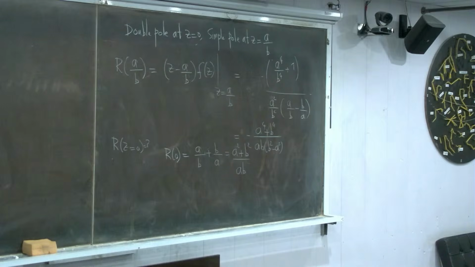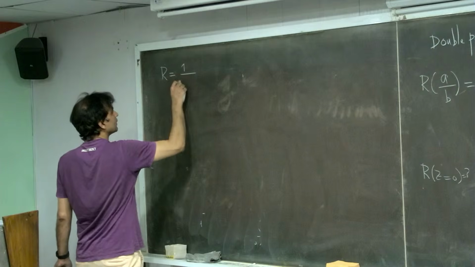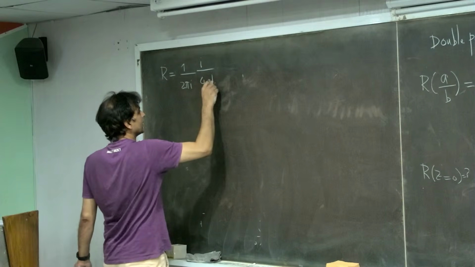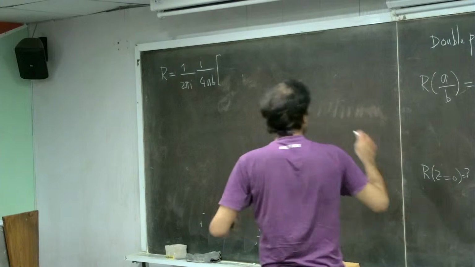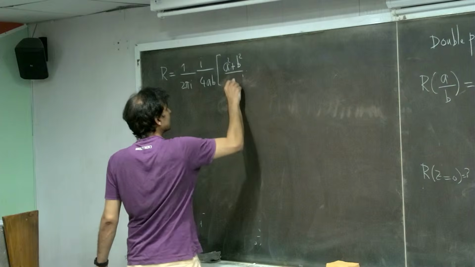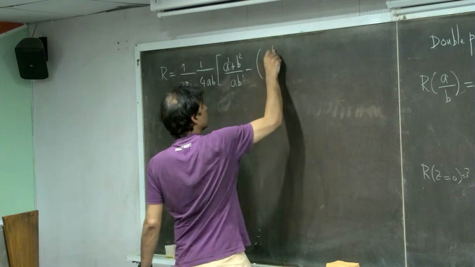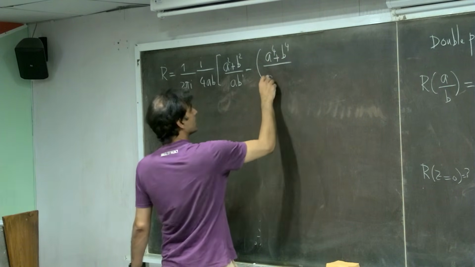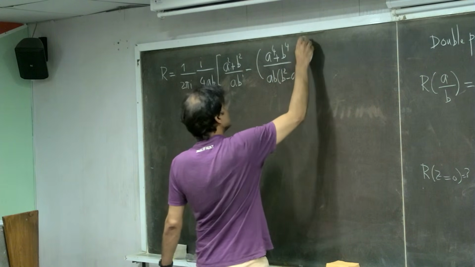So the answer is my total residue is 1 over 2 pi iota over 4AB, and then all you have to do is put this one: A squared plus B squared over AB, minus A to the power 4 plus B to the power 4 over AB into B squared minus A squared.